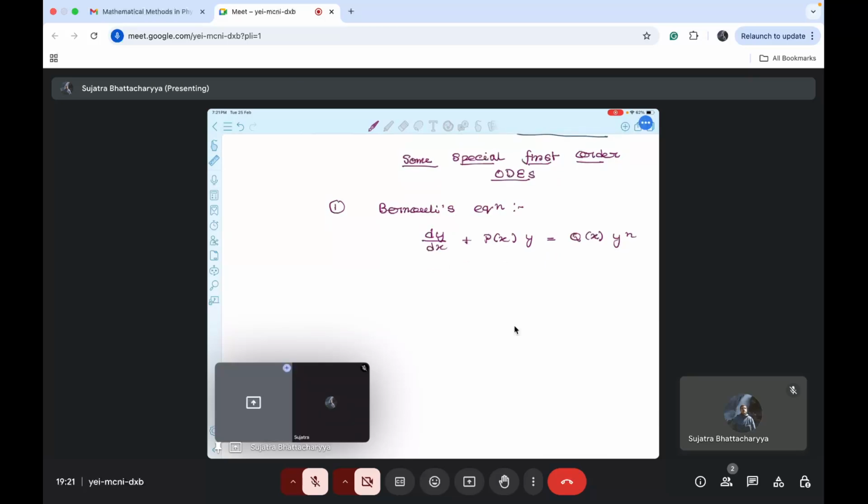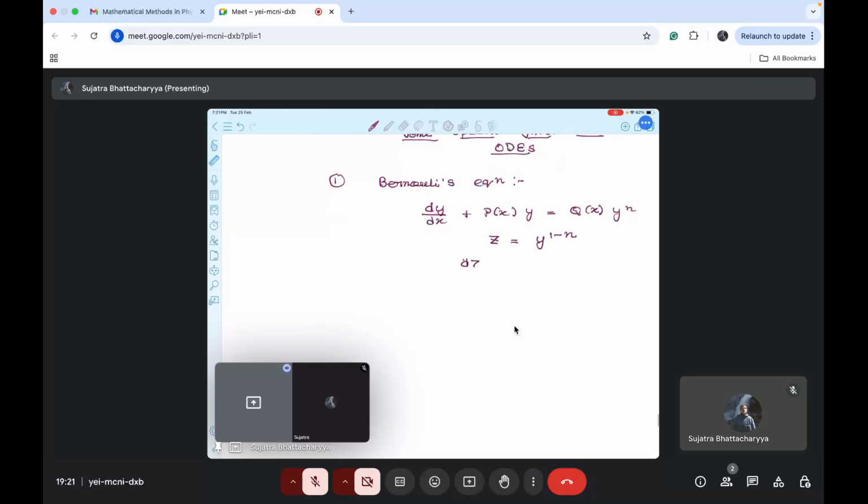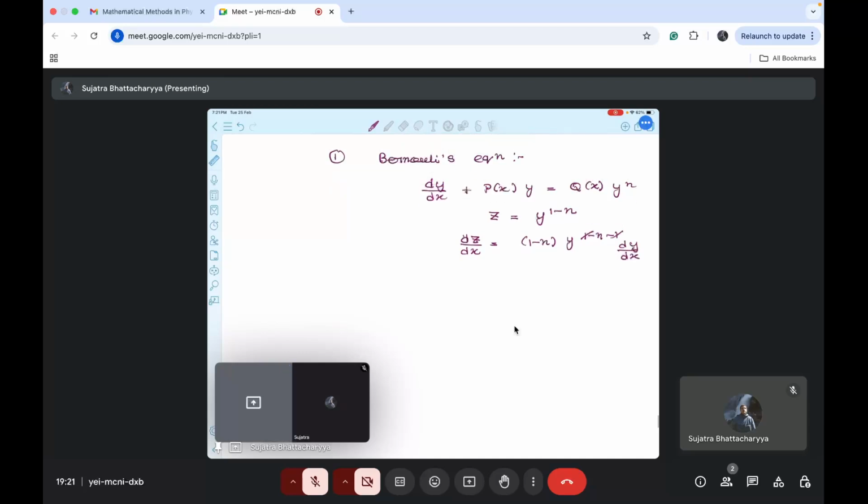How? You can reduce it into a linear form just by letting z be y to the power 1 minus n. Okay. So dz is (1 minus n) y to the power (1 minus n minus 1) dy/dx, and therefore dz/dx can be written as (1 minus n) y to the power minus n dy/dx.